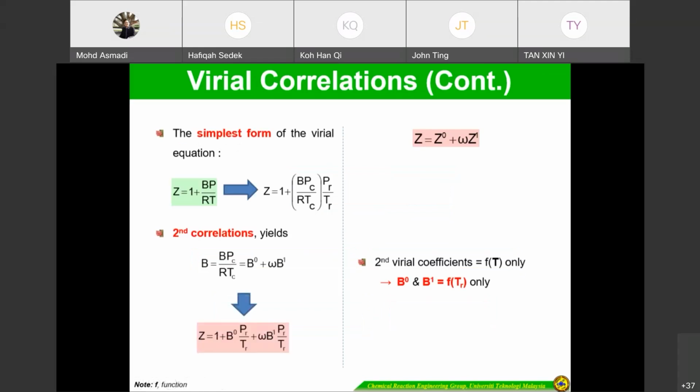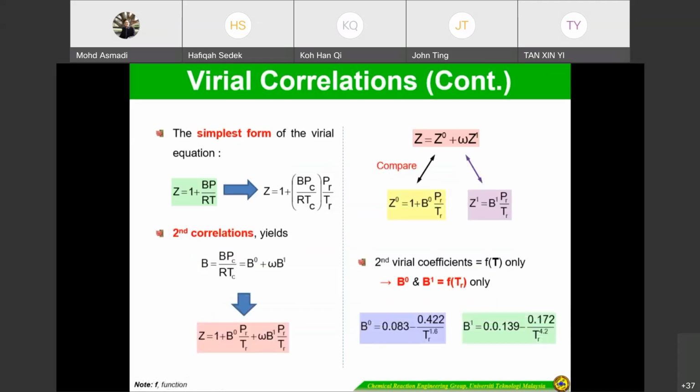This is just a derivation to get the B naught. Since the values of B naught and B prime are not given, we expand this equation and you can get this one. That's why it's simple and recommended. You just calculate TR and PR, then substitute TR and PR and you can get B prime and also B naught.